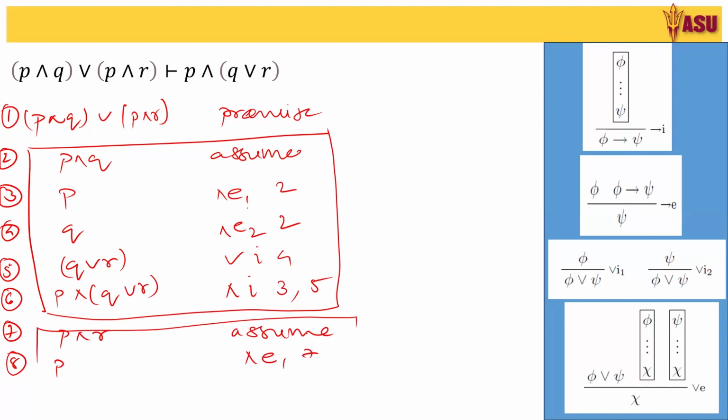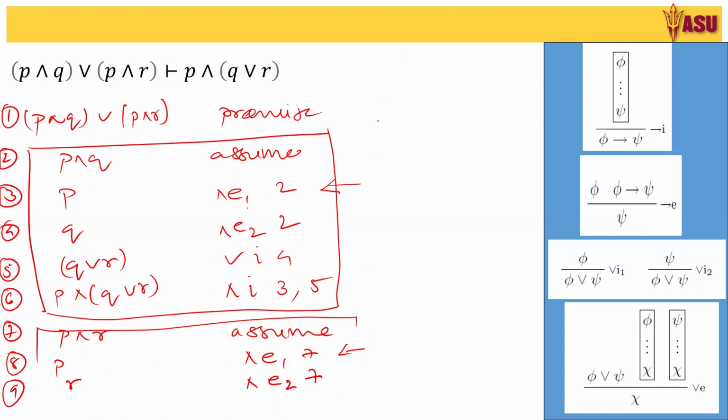Now, please note here that even though I got P to be true in the previous assumption box, I still do this part again in this box because the two are different assumptions. So I need to prove it all the way in both these assumptions. So this gives me the other one, R, which is again an and elimination 2 of 7.